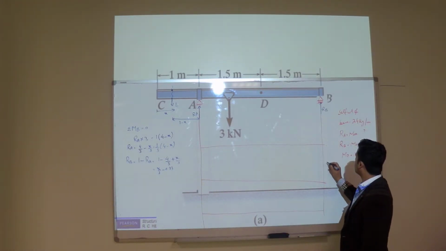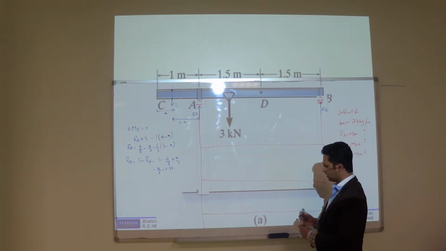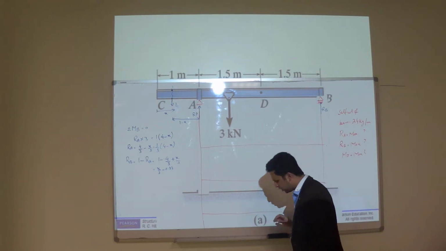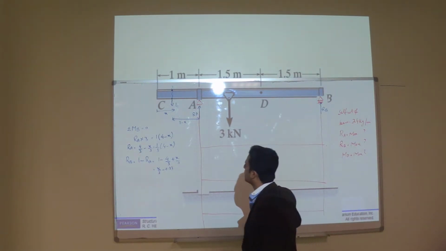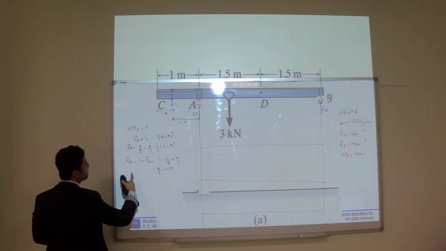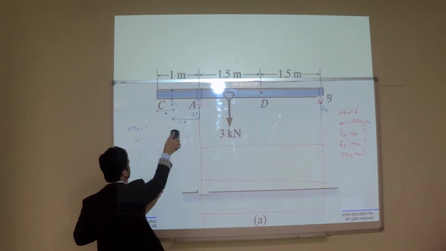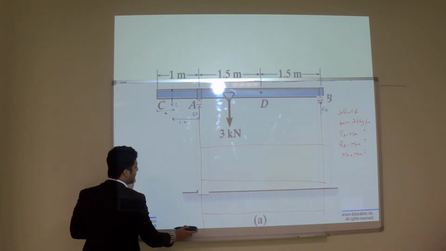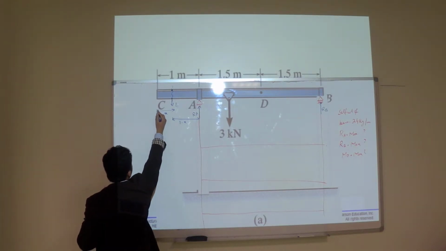Let's draw first for the reactions. I'm going to write these equations here. Remember these equations because I have to use them.